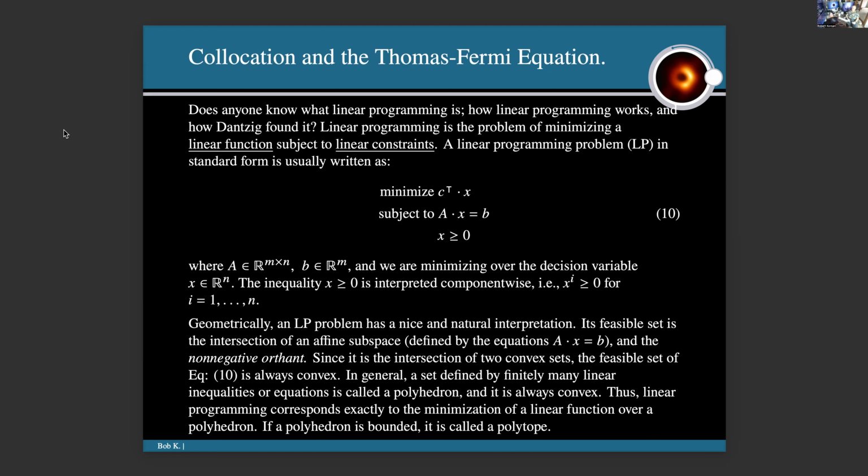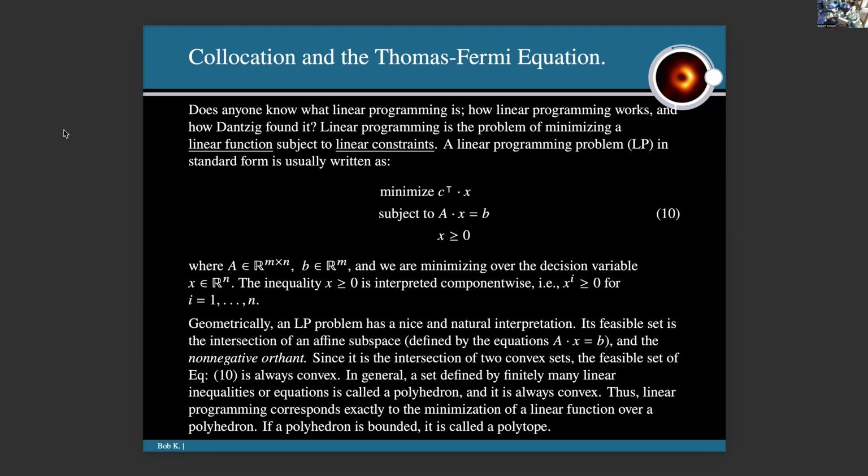So in general, you have a finite number of linear inequality equations, and you have all of these half spaces. If you intersect all of those, you'll get what's called either a polyhedron or a polytope.